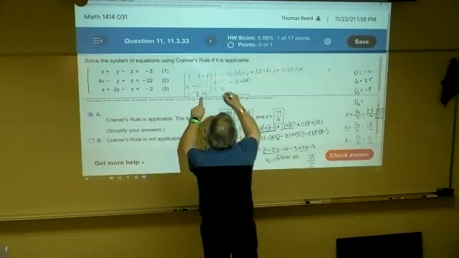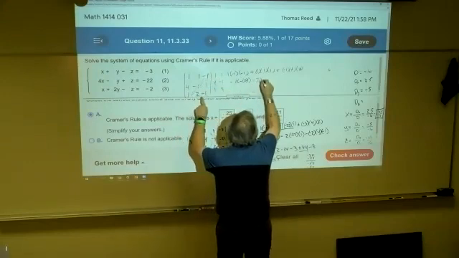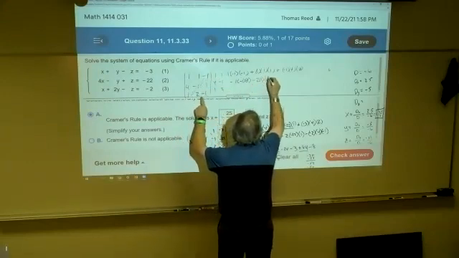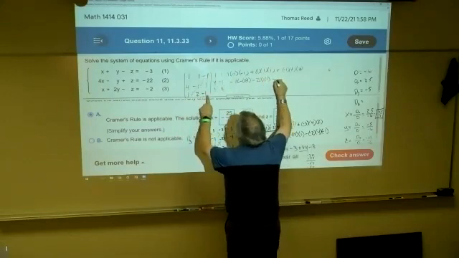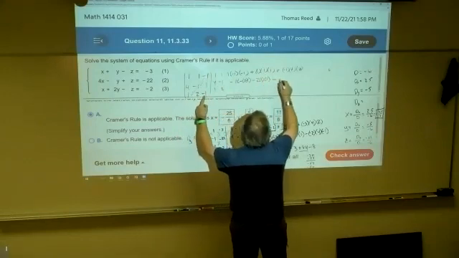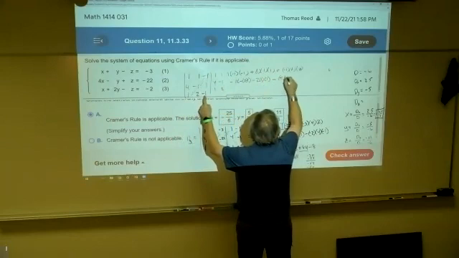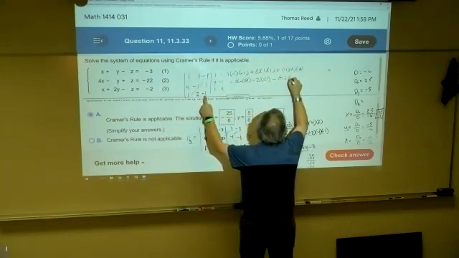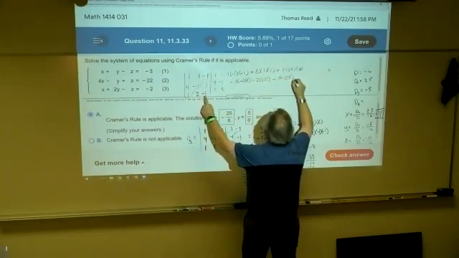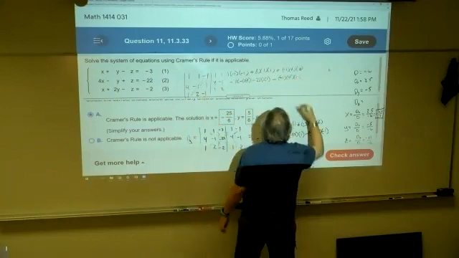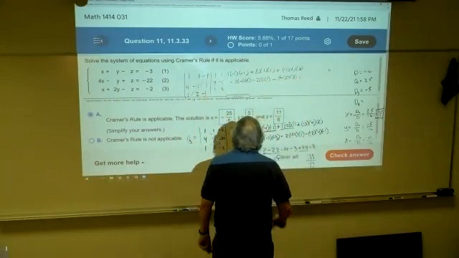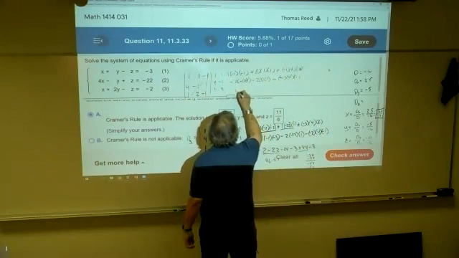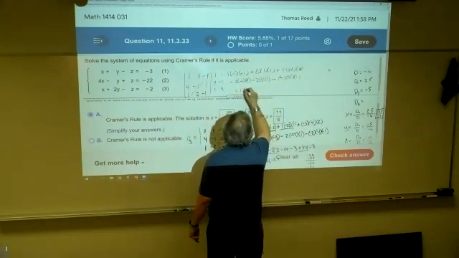And then this diagonal, which is -2 times 1 times 1, minus this last diagonal, -1 times 4 times 1. So that is a 1. That's a 1.